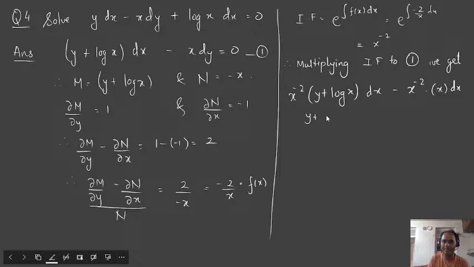So here it is y plus log x divided by x square dx, and here you will have minus 1 over x dy equals 0.